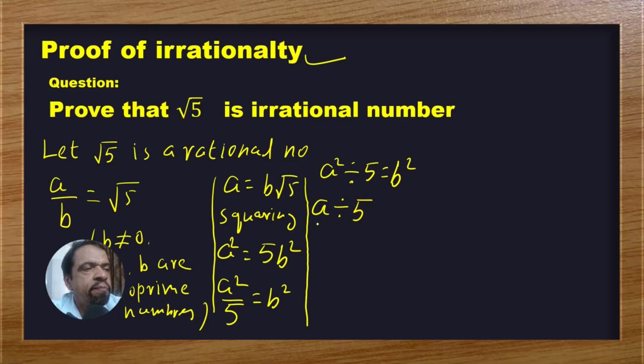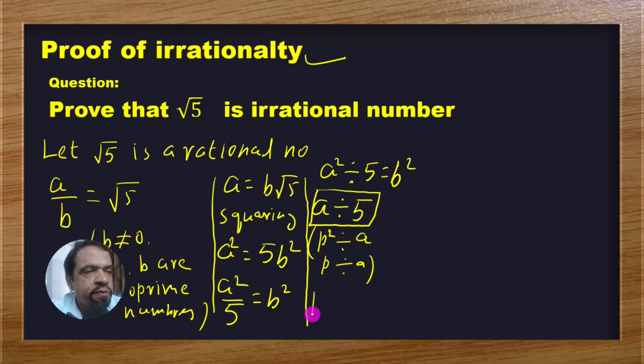So we know that if p square is divided by a, then p can also be divided by a. This is a simple theorem representation. What does it mean? A can be divided by 5.